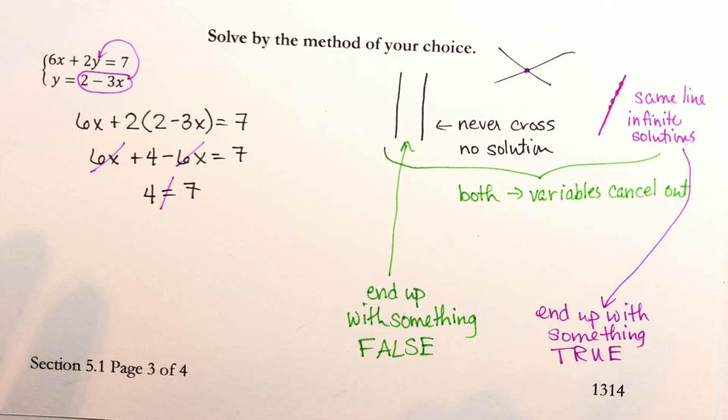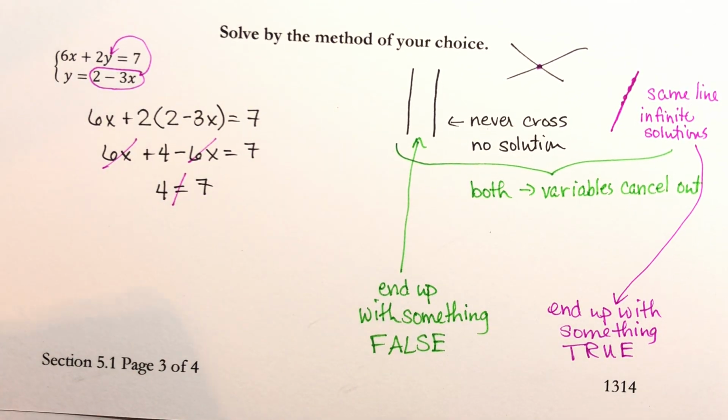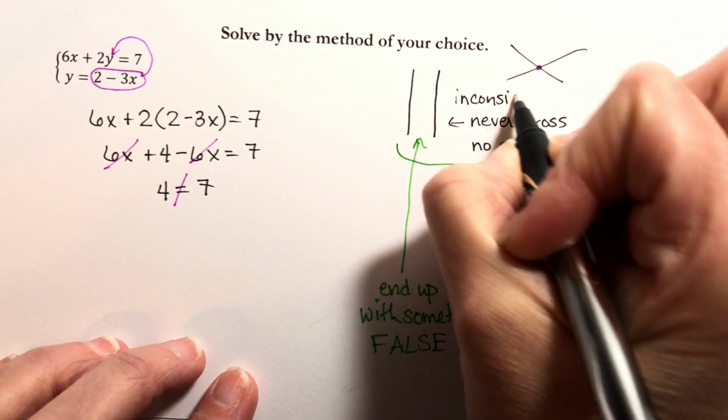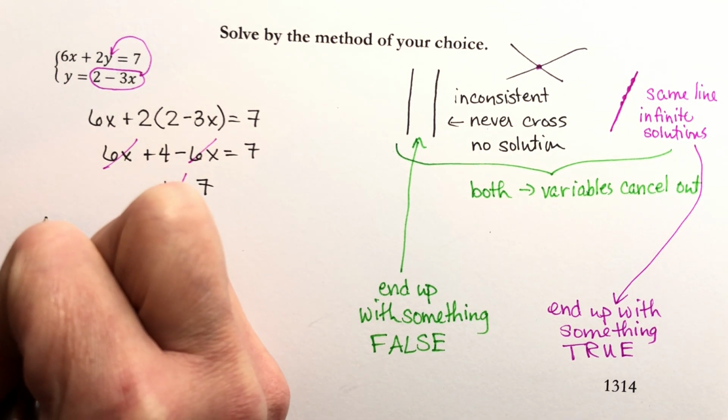But so, how do we write our answers here? We say that this kind of system, we call it inconsistent. So this is an inconsistent system.